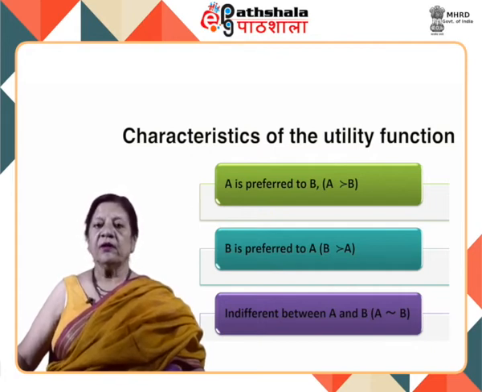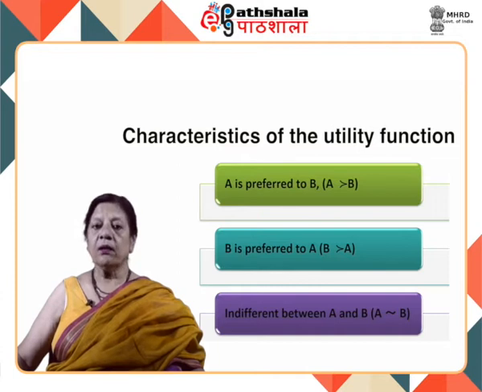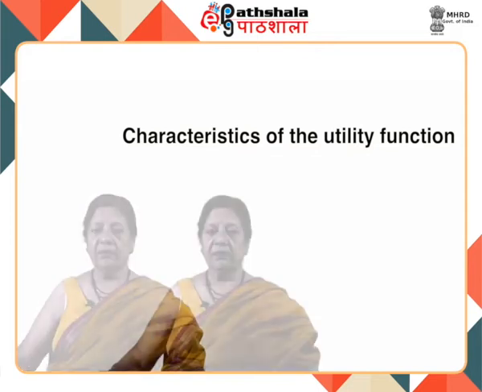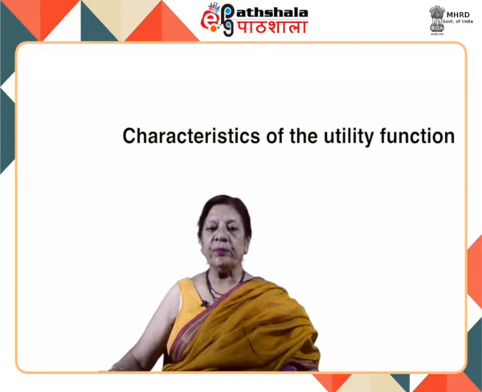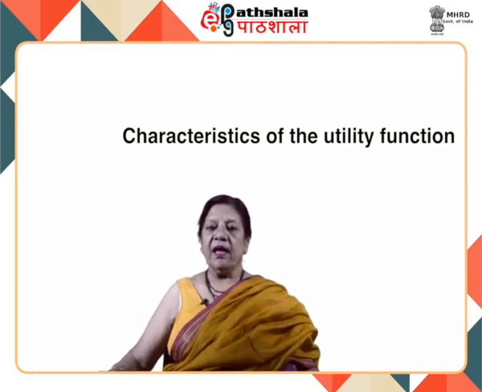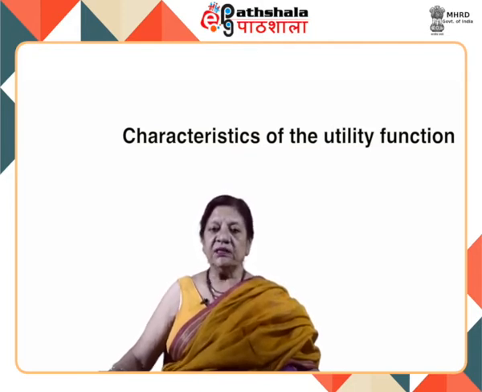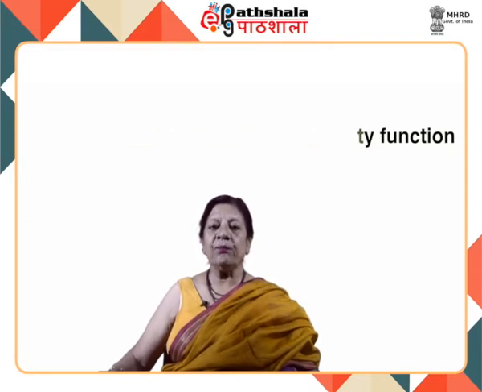For example, if there are two prospects A and B, the agent can say whether A is preferred to B, that is A greater than B, or B is preferred to A, that is B greater than A, or whether he is indifferent toward A and B, that is A indifferent to B, where greater than and indifferent indicate preference and indifference respectively. This is the axiom or assumption of completeness.